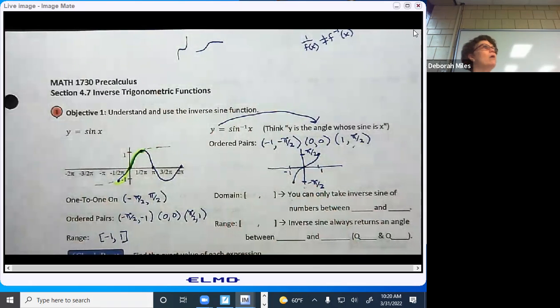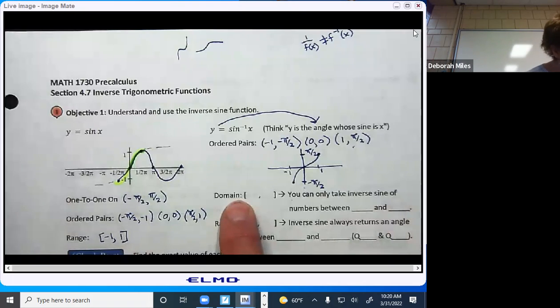So what do you know about the domain of a function and how that relates to its inverse? If all the ordered pairs are reversed, what was the domain in the original function becomes the range in the inverse function. And what was the range in the original function becomes the domain in the inverse function.